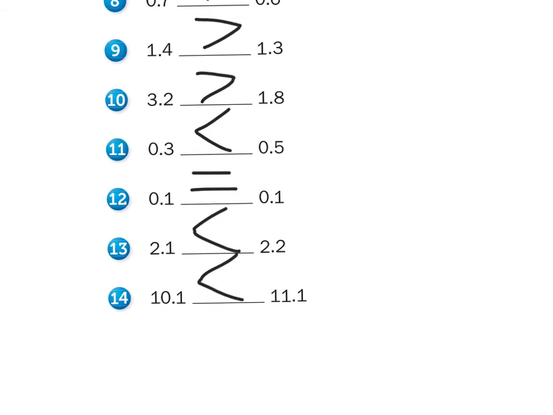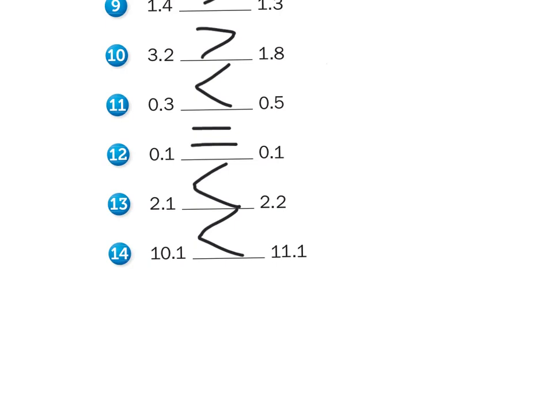Number 9, 1 and 4/10 is greater than 1 and 3/10. Number 10, 3 and 2/10. So that's 3 wholes with 2/10. 3 and 2/10 is greater than 1 and 8/10.